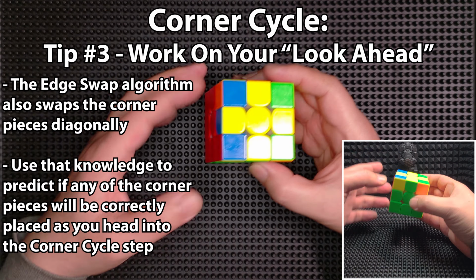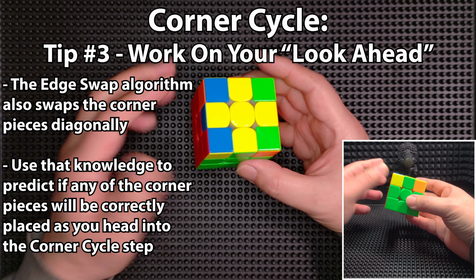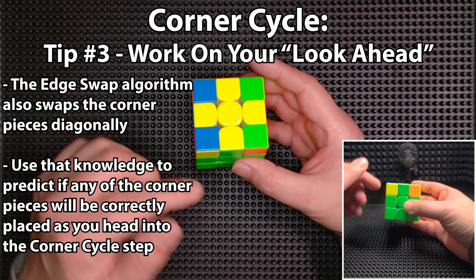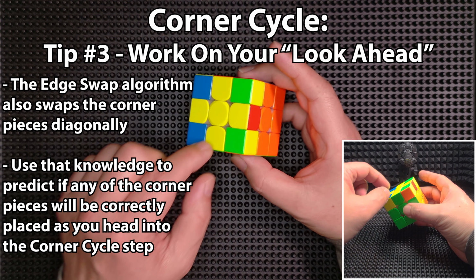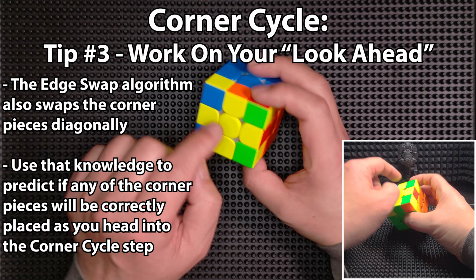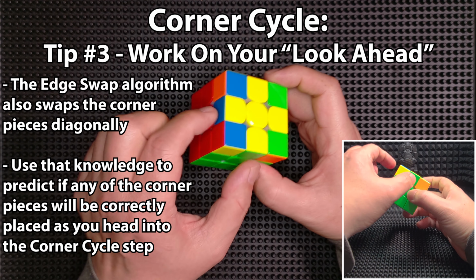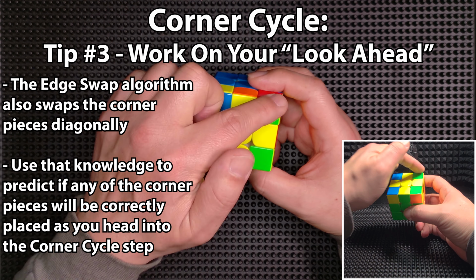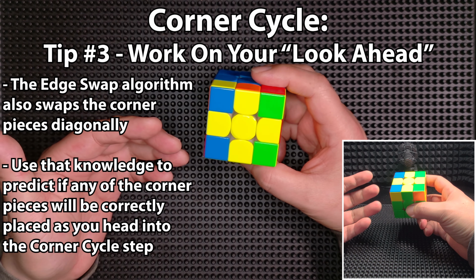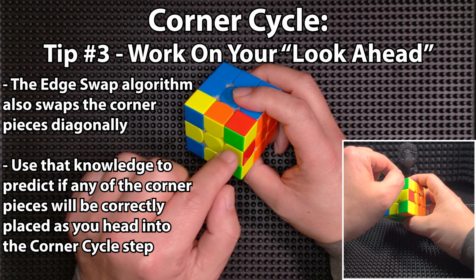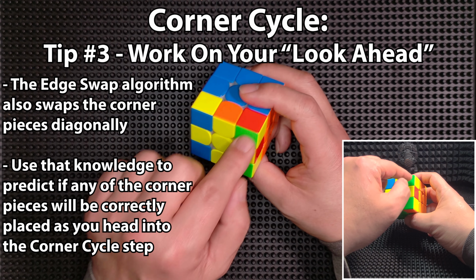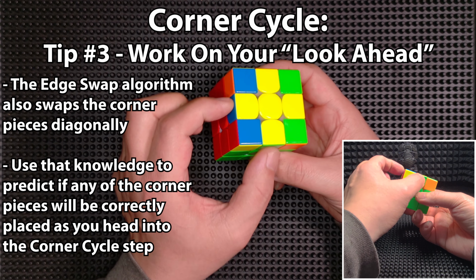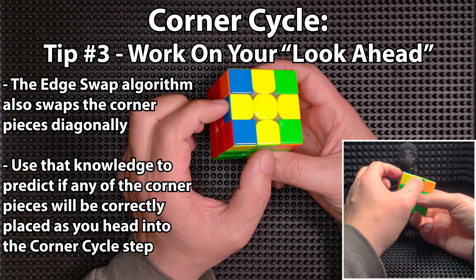Orange and blue are the only two that are in Gabor order. When we do that edge swap algorithm, we're going to end up in Gabor order. Green, orange, blue, red. Green and red. Because we know that the corners swap diagonally as part of the process, we know that this green-red corner piece is going to end up over here in between the green and the red edge pieces.